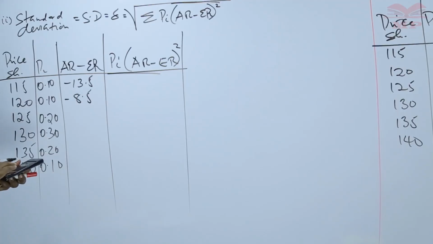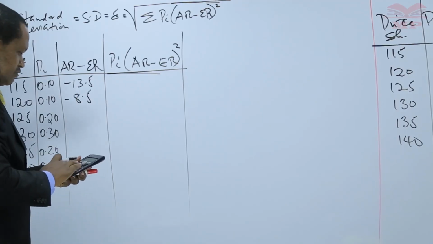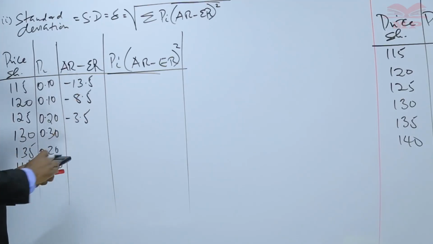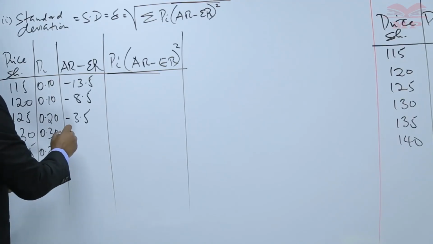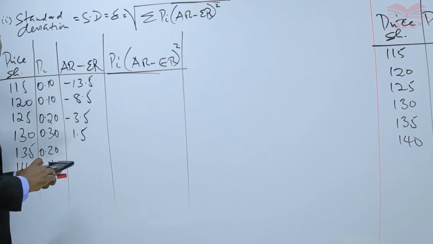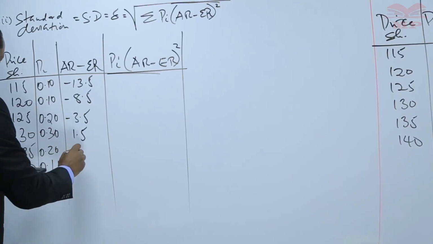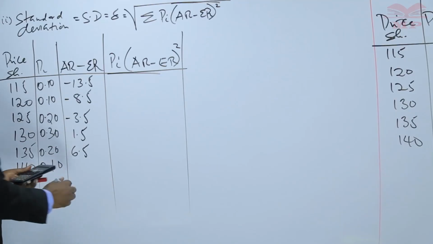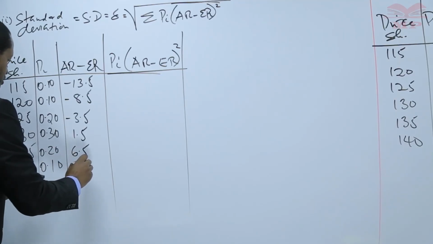Then 125 minus 128.5 is negative 3.5. 130 minus 128.5 is 1.5 positive. 135 minus 128.5, 6.5. 140 minus 128.5 is 11.5.